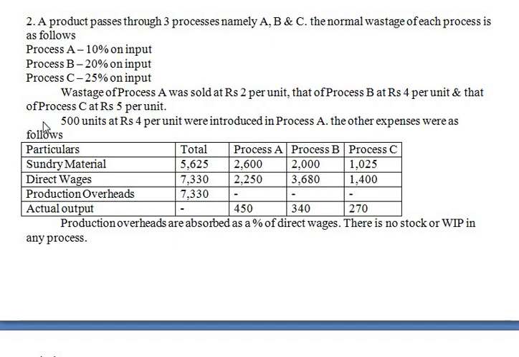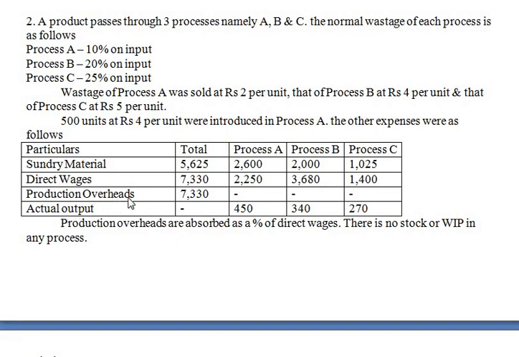The other expenses were as follows. Sundry materials, total is 5,625. For process A 2,600, 2,000, 1,025. So like this, these expenses are distributed to process A, B and C, and the total amount is given.